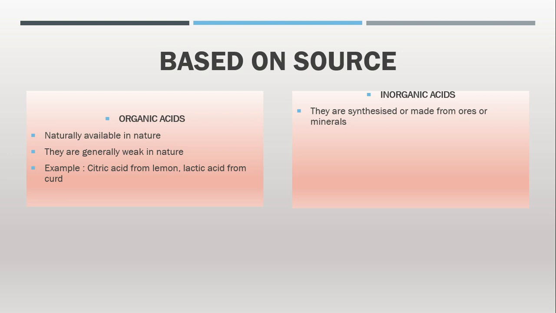Minerals মানে যেগুলো মাটি খুঁড়ে যেই মিনারেলস গুলো বার করা হয়, from there we make this inorganic acid. They are not available directly from nature. We don't get those acids from any living organism or non-living organism. We don't get it from nature, we have to manufacture it. They are generally strong in nature.